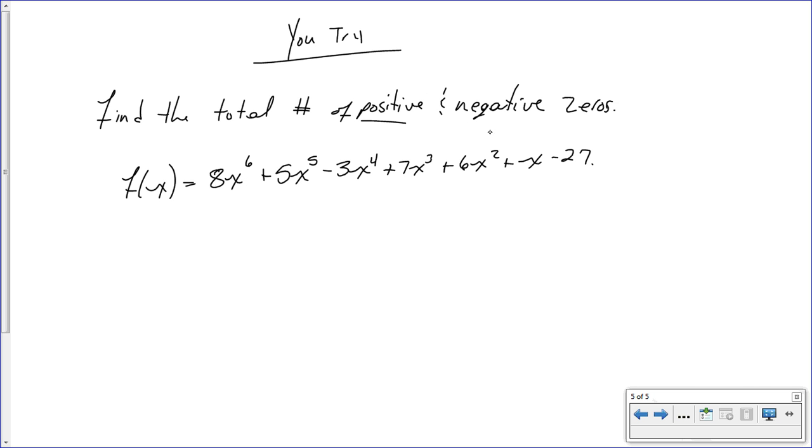So find the total number of positive and negative zeros by using Descartes' rule of signs.